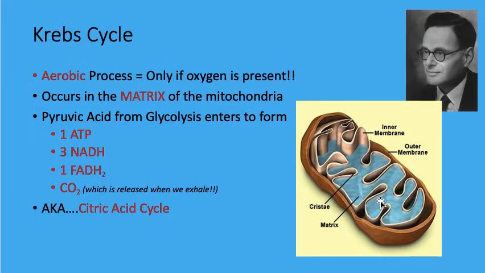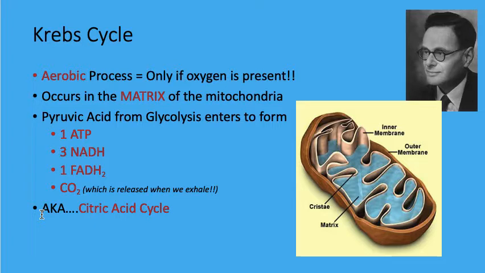And pyruvic acid from glycolysis is going to enter and form a couple of different things. We're going to get some more ATP out of the Krebs cycle, we're going to get some NADH out of the Krebs cycle, and we're going to get some FADH2 out of the Krebs cycle. And we're also going to get this thing called carbon dioxide, which when we think about our major equation of cellular respiration, we always know that we get out 6 molecules of carbon dioxide.